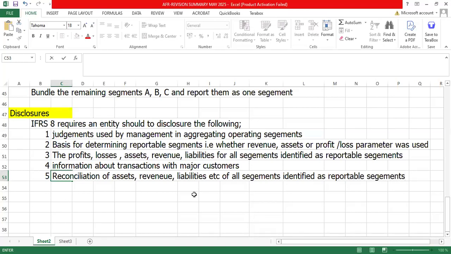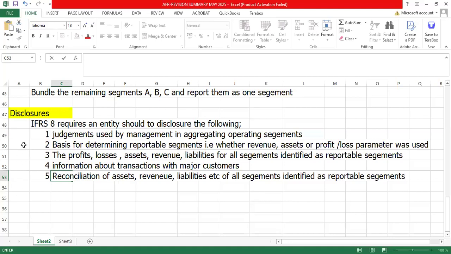You need to reconcile at the start and at the end. How did you arrive at the revenue, or the total assets, or the total revenue at the end? You need to show us the reconciliation, okay? From the start to the end. I think that's enough.